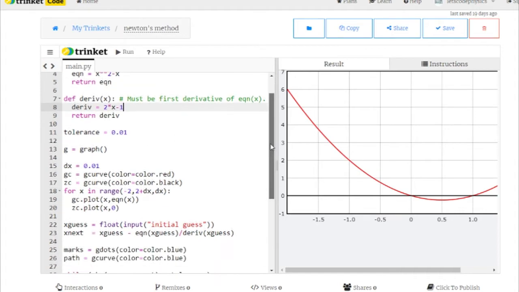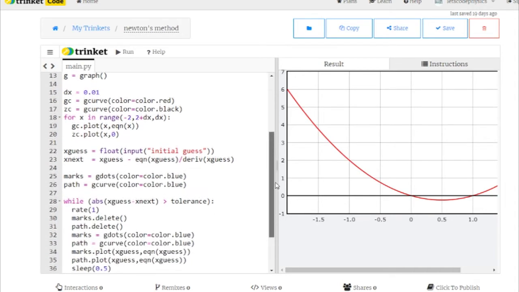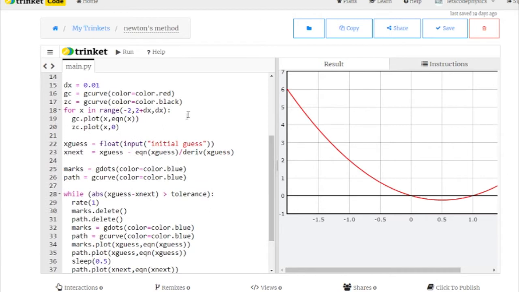And so we now just need a single point, right? So we don't need a left and right bound anymore. So we're going to ask the user for an initial guess, as close to 0 as you can find. And then we're going to predict the next one just based on this formula we saw earlier. We're going to take x guess minus the function divided by its derivative.